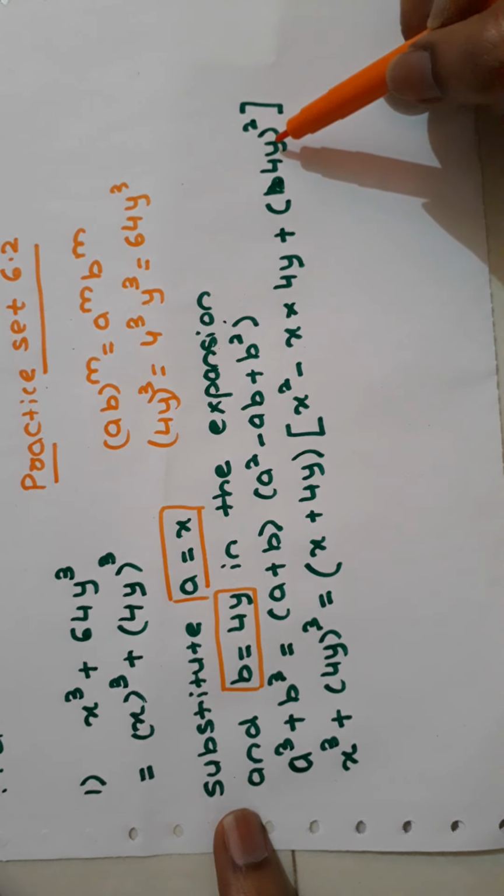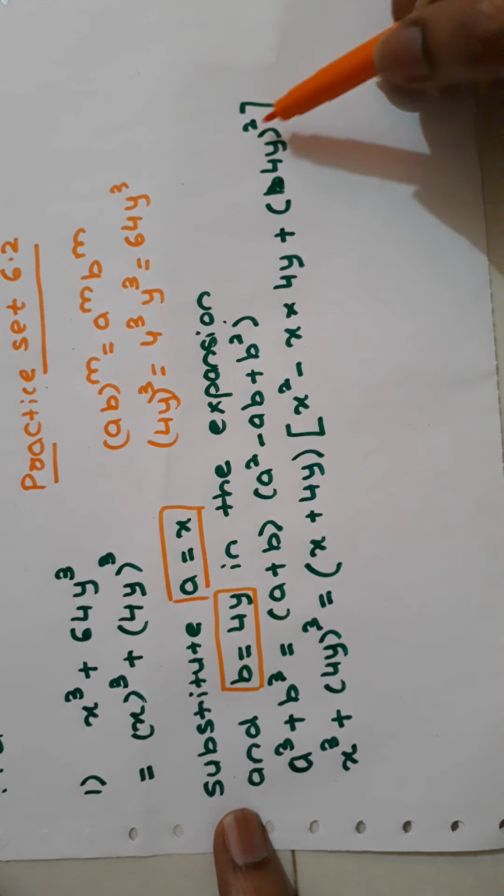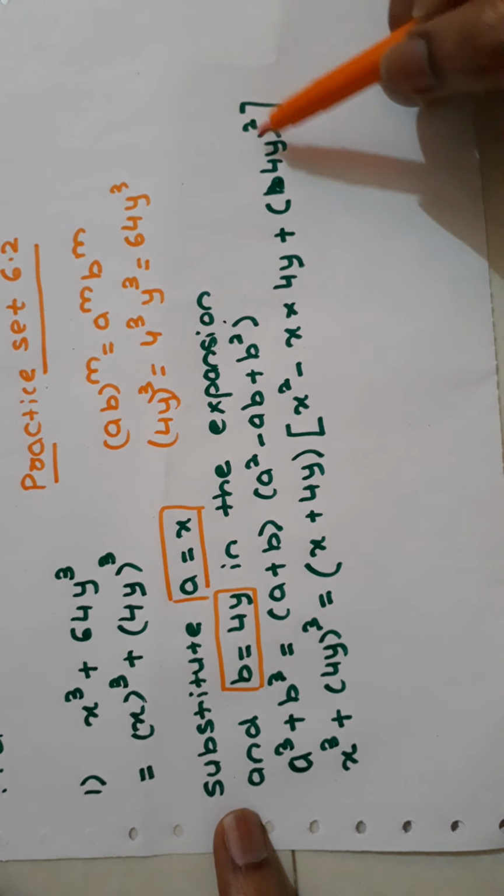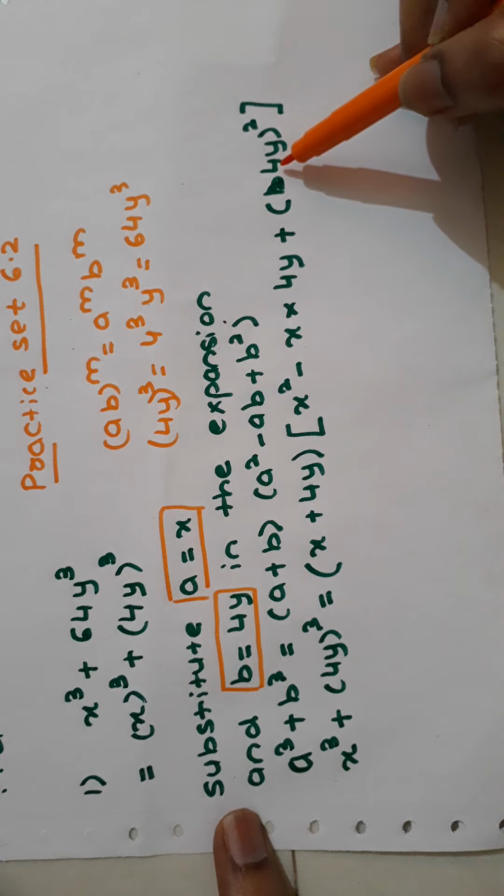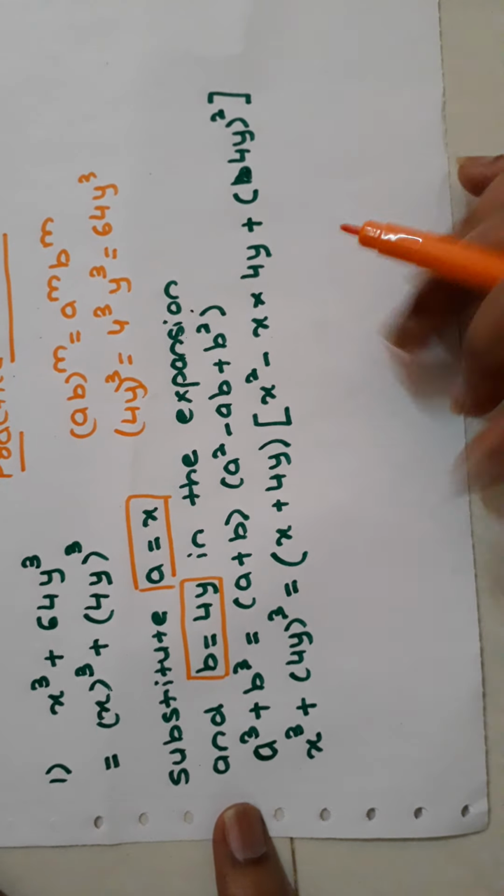Whenever there is a coefficient multiplied by a variable, you have to put it in a bracket and then square, because this square goes to both the coefficient and the variable.